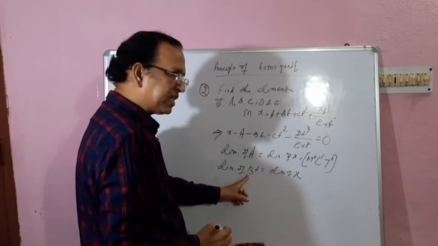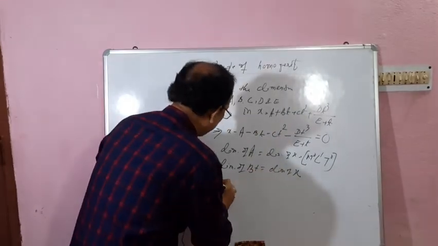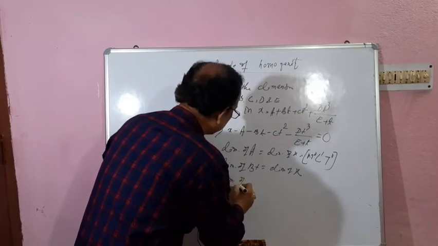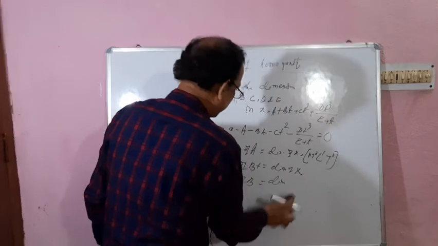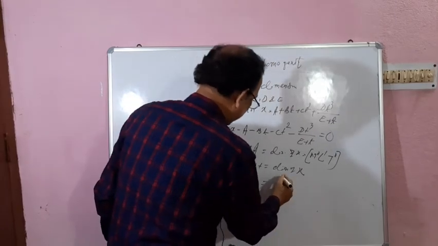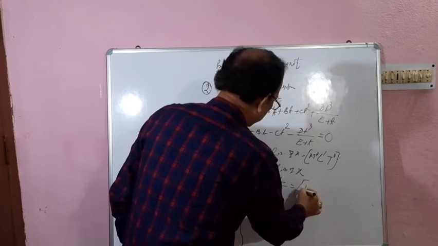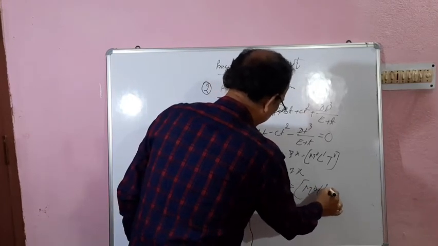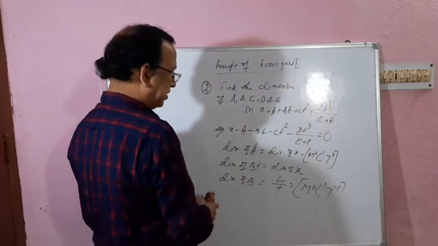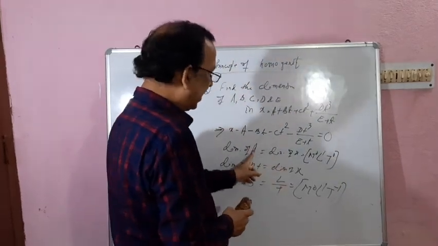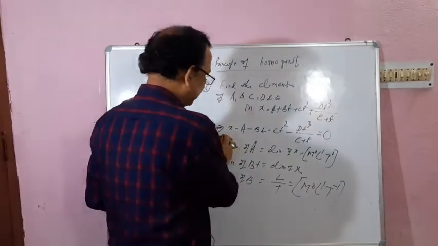So the dimension of B is equal to the dimension of x by T, that is L by T, which is equal to M0 L1 T minus 1. So these are the dimensions of A and B. Now, C. What is C?